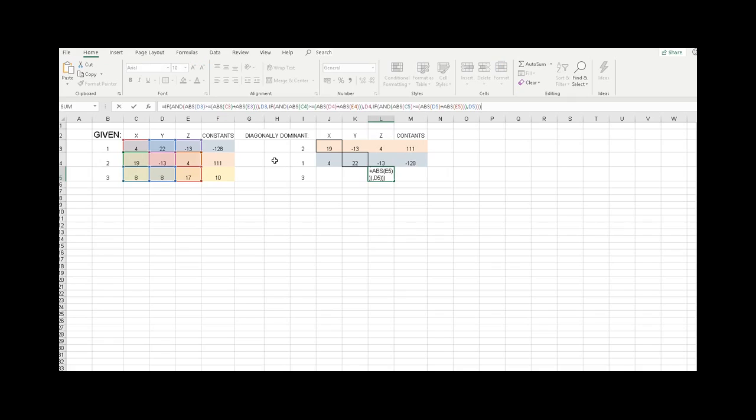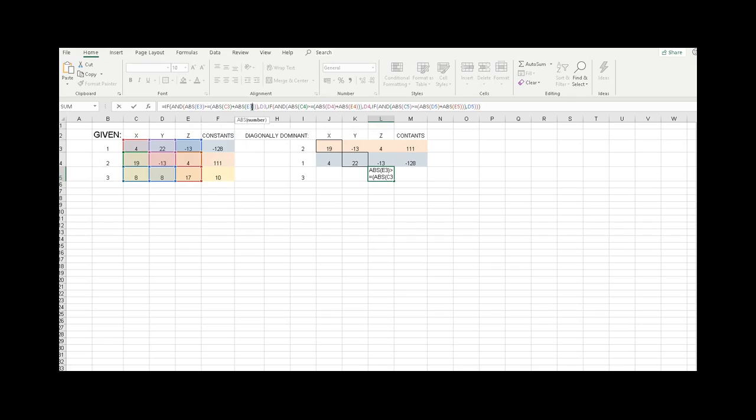So now what we're comparing here in the first segment of the code is again the first equation. We should check if the z element is dominant. So let's change the value here to E. And we're comparing it to the absolute value sum of C3 and D3.